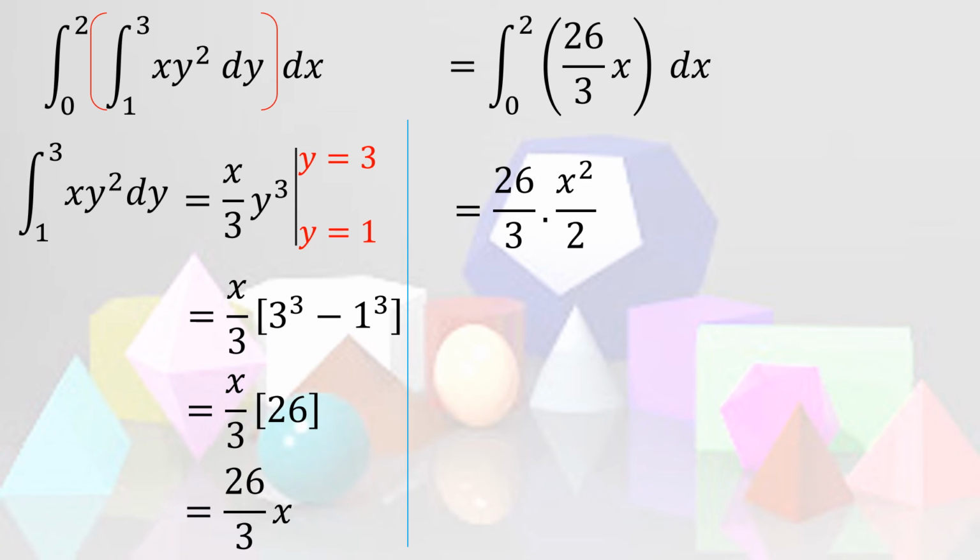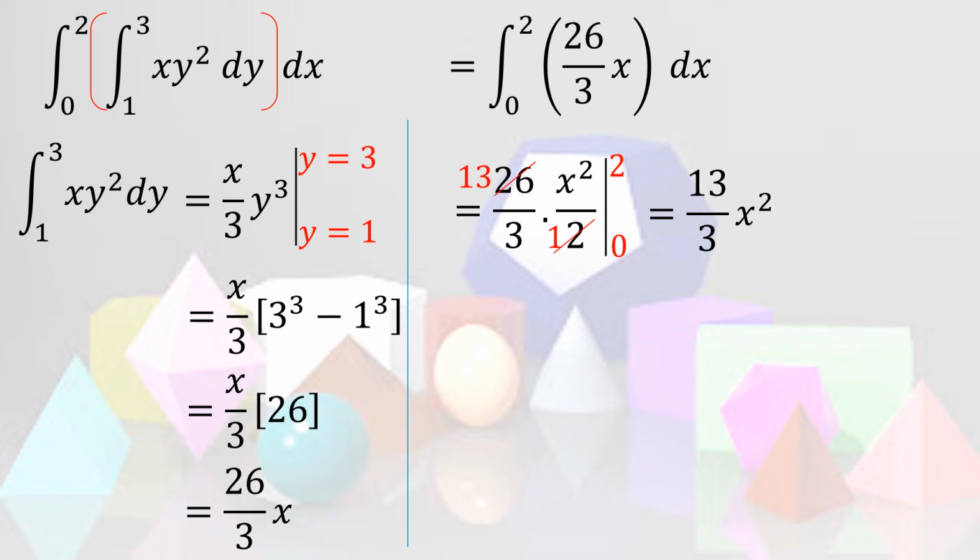From here, it is equal to 26 over 3 times the integral of x, which is equal to x squared over 2 from 0 to 2. When we simplify it, we can cancel 26 and 2. 26 will become 13 and 2 will become 1.